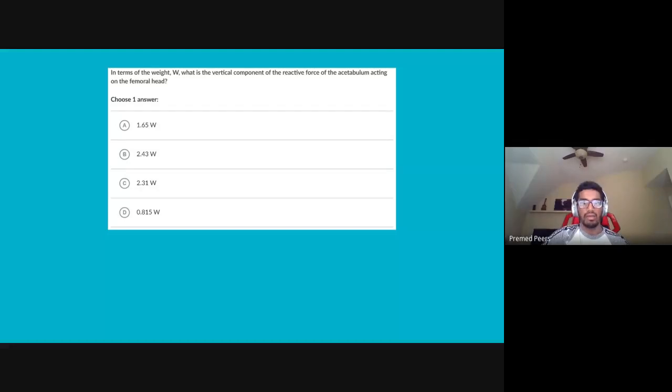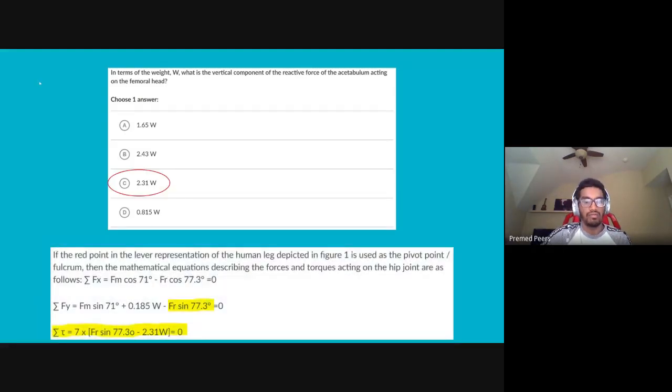In terms of the weight, what is the vertical component of the reactive force? So first, we need to look at the force of the acetabulum on the femoral head.